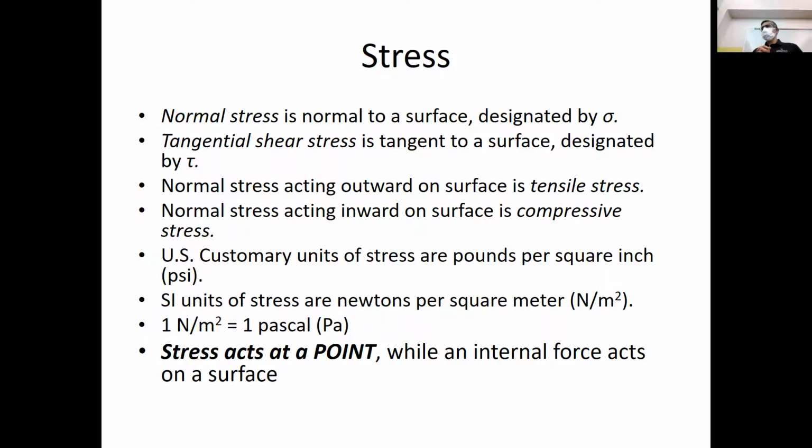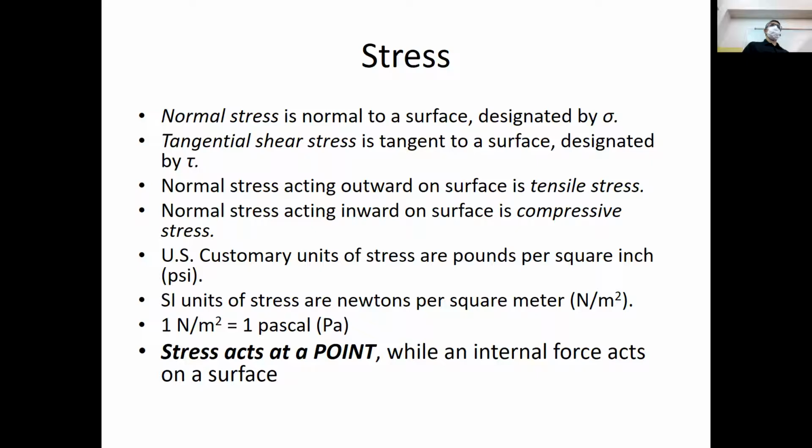Always keep in mind, even though the stress has the units of pressure, it does not act on an area, it acts at a point. It is the internal forces that act on a surface. So we have a cut, and we do not specify a point.